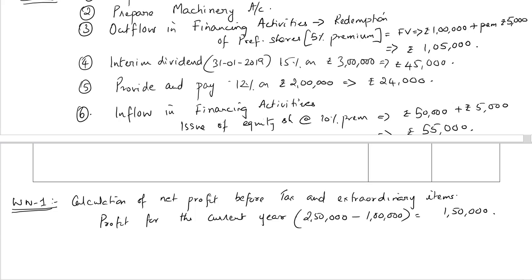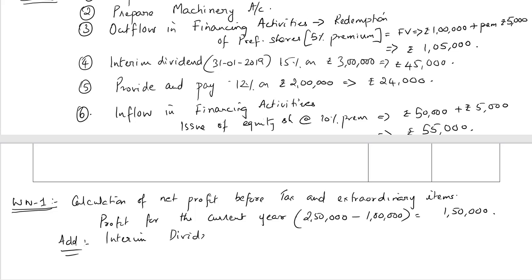Now, as per the notes which we've prepared, in point 4, there's an interim dividend paid of 45,000 rupees. Interim dividend paid, we need to add this to the profit for the current year. Interim dividend paid, 45,000 rupees.